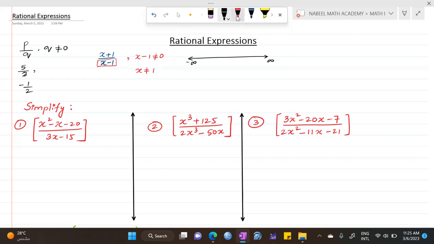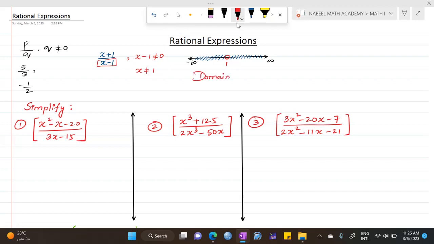It will take all the values of the real number except 1. So it will leave 1. So this is the domain of the rational expression.